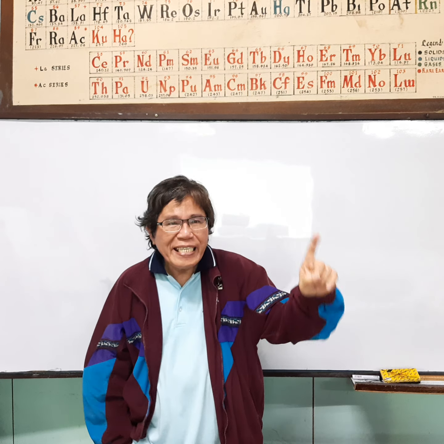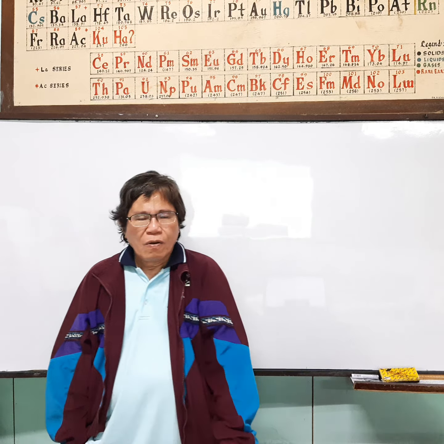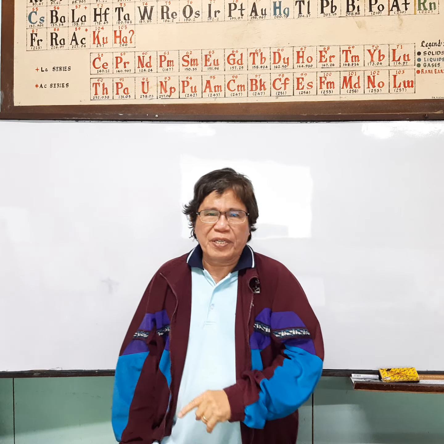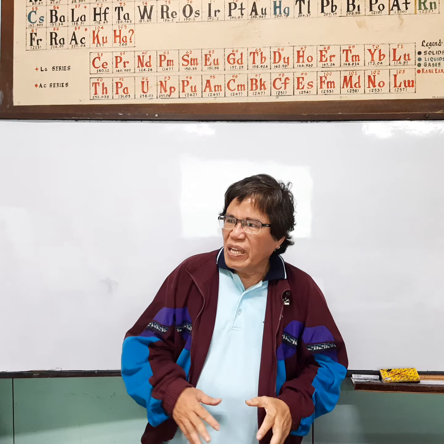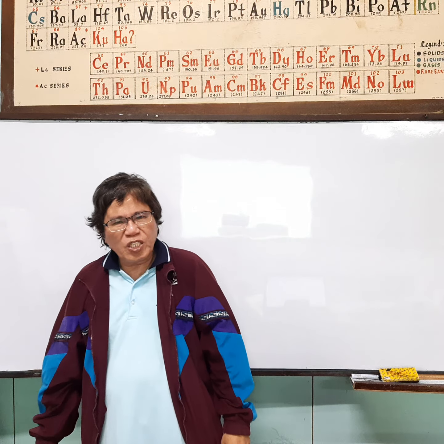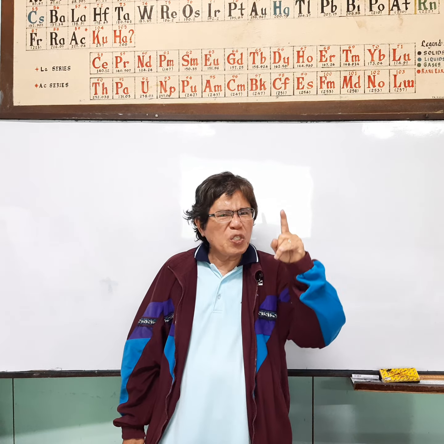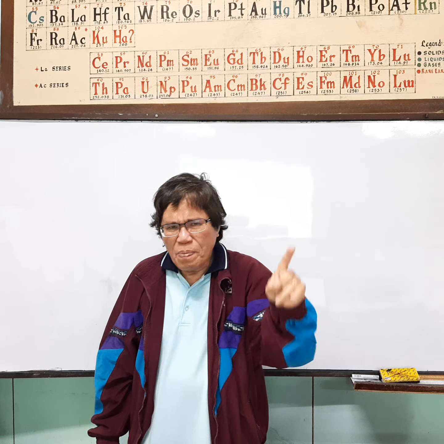So, light year. Using the speed of light is very useful to astronomers, because the speed of light is the fastest speed in the universe. Nothing can surpass the speed of light.